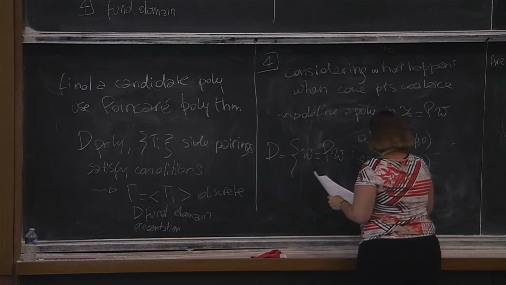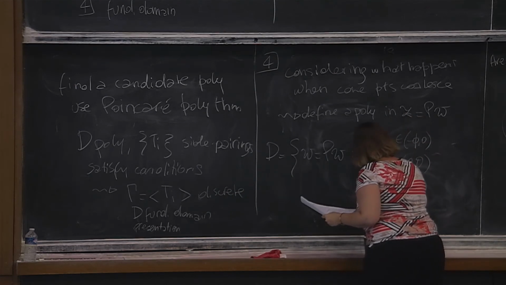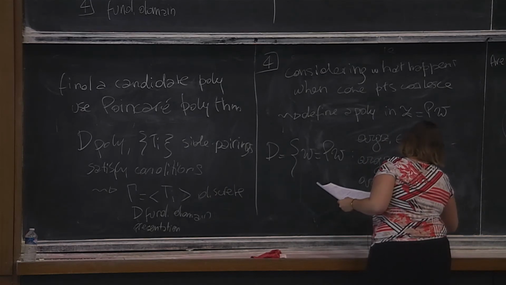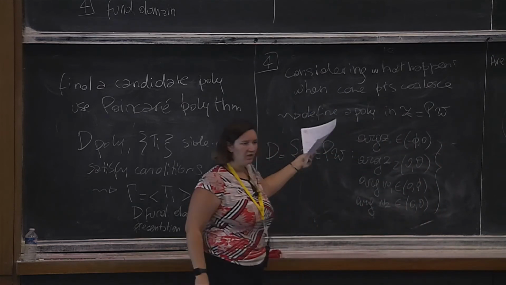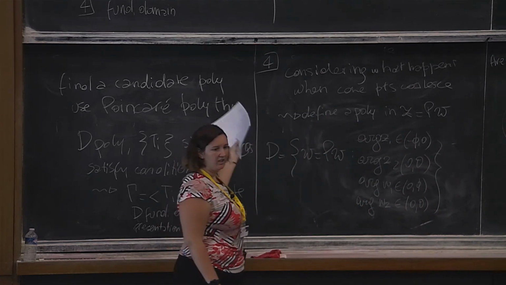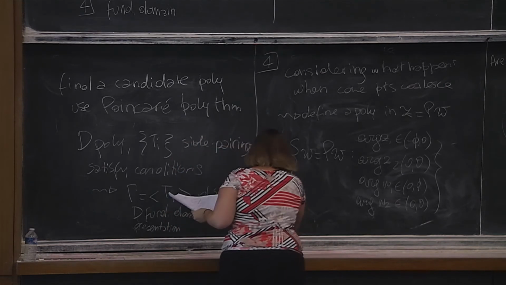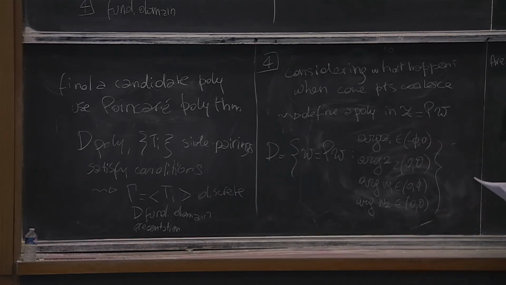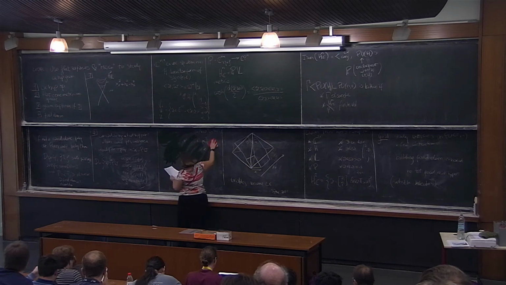The argument of W1 between 0 and phi. And the argument of W2 between 0 and theta, where theta and phi are given in terms of the cone points that we had at the beginning. And a priori, they don't completely describe the lattice, but in some cases they do. And we will see. I will explain in a moment what I mean.